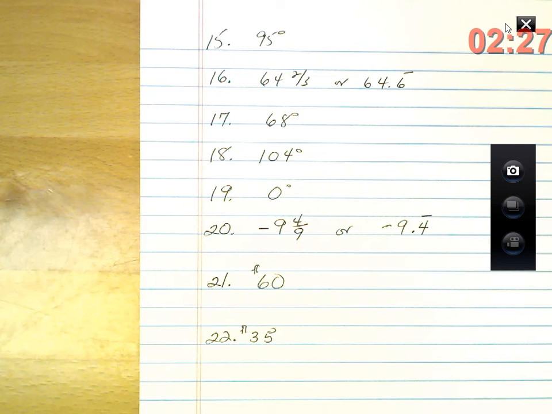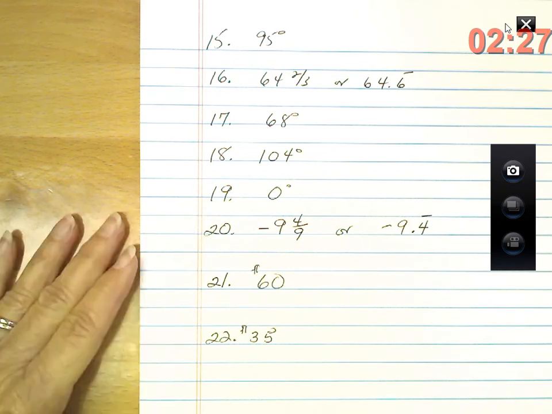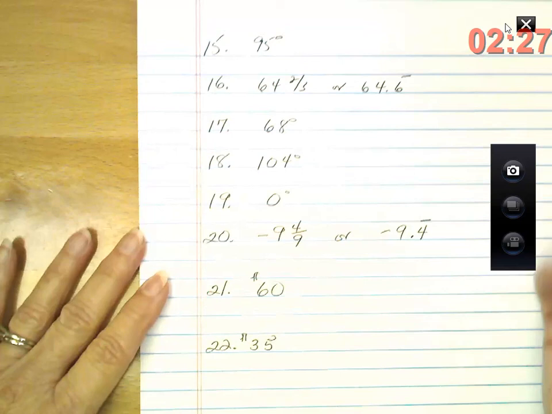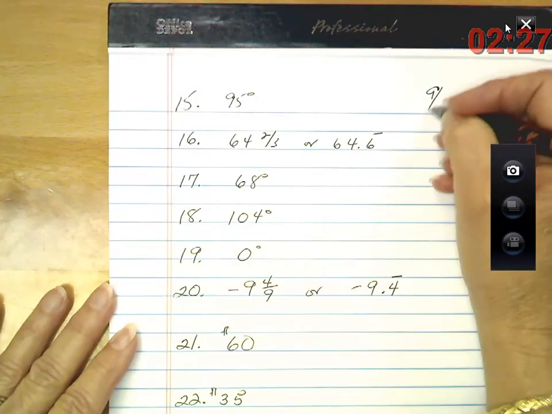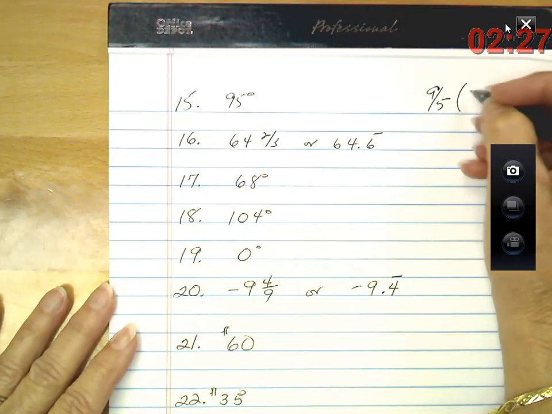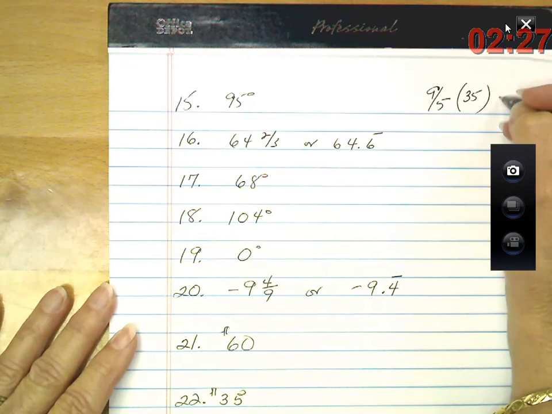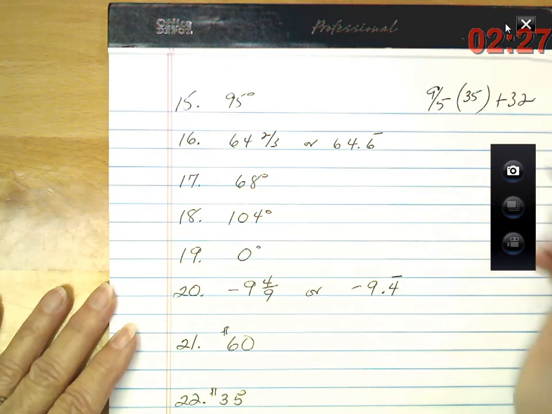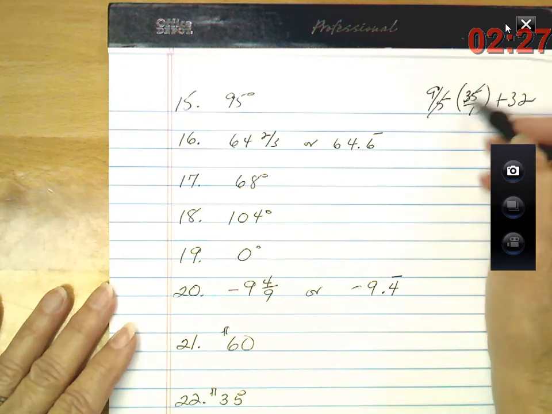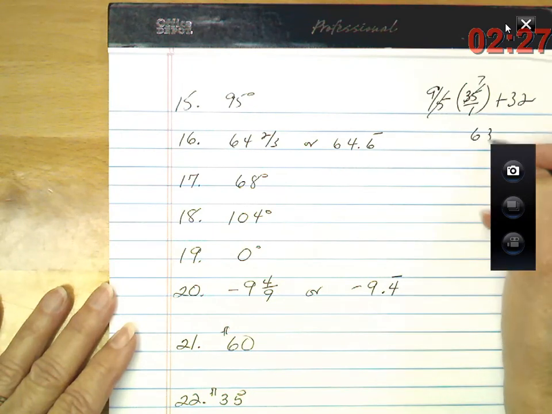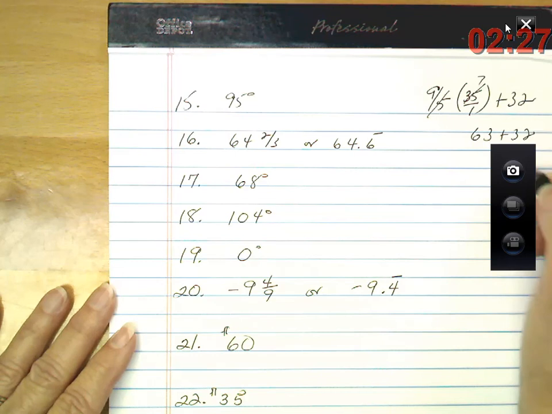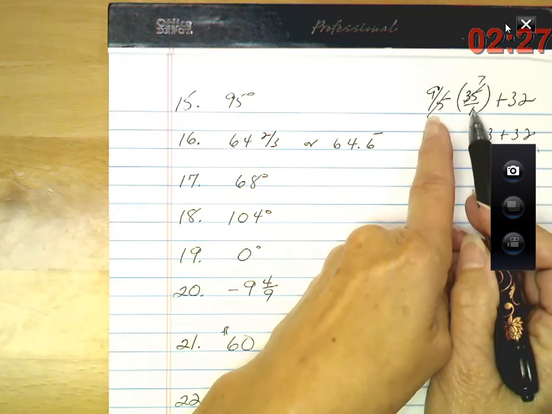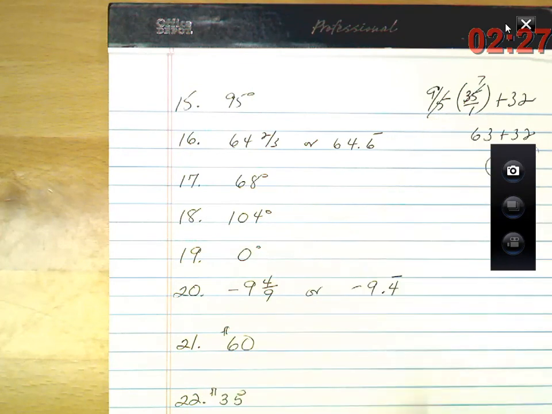I got 15 wrong. Okay. 15. That's like 9/5 of 35 plus 32. Okay. Make it a fraction. Cancel. So 63 plus 32 is 95. It's probably in your fraction multiplying right there.